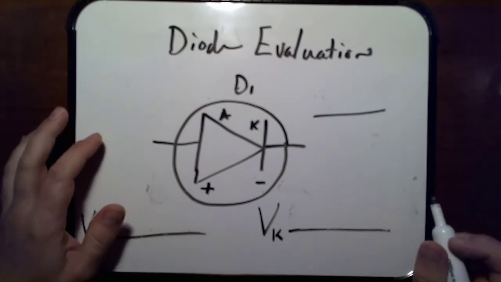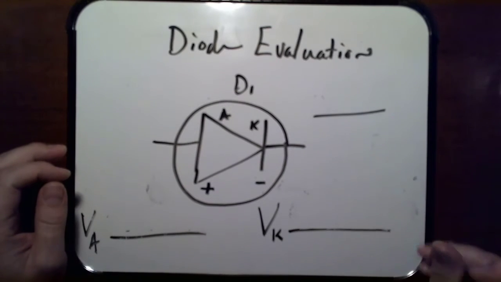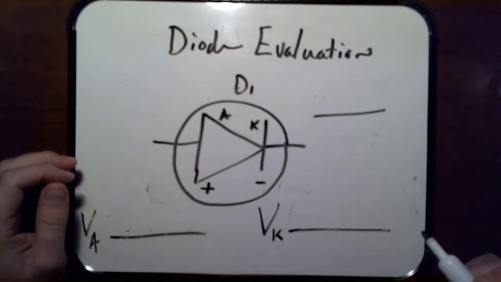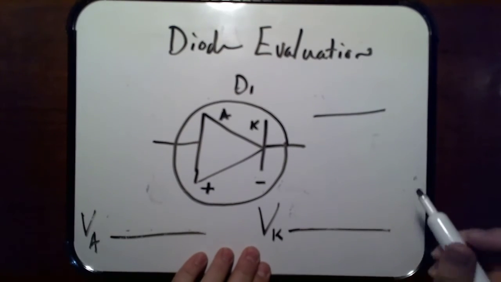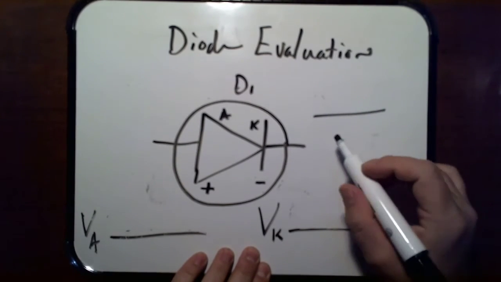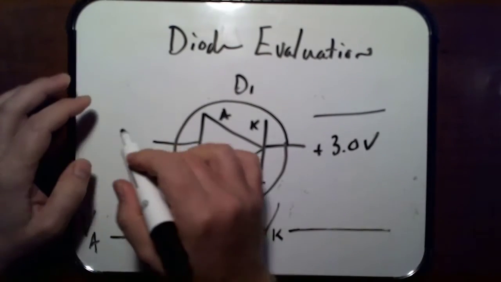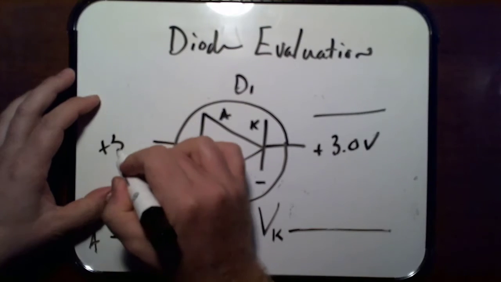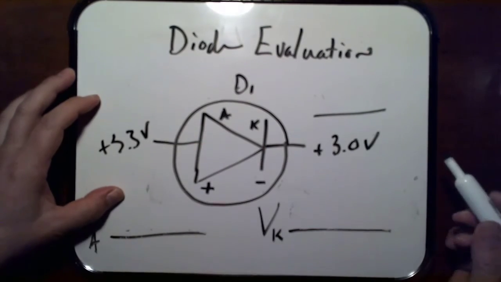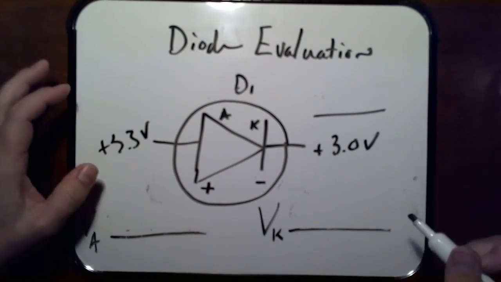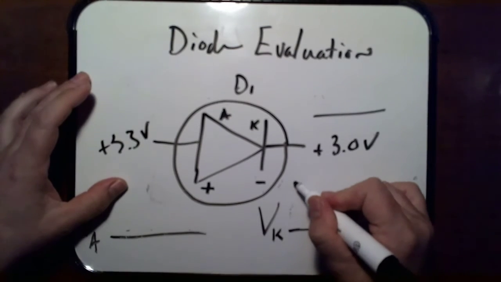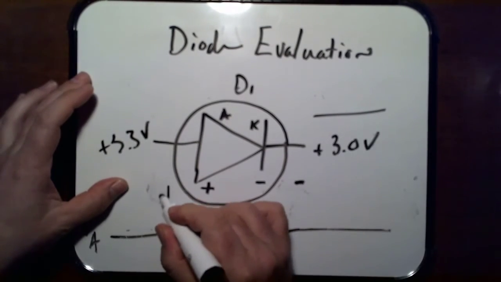Okay, let's do a germanium diode. Let's say I have plus 3.0 volts here, and I have plus 3.3 volts here. Okay, kind of threw you a softball. It's more negative here, it's more positive here.